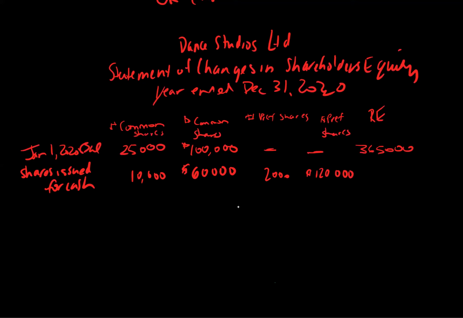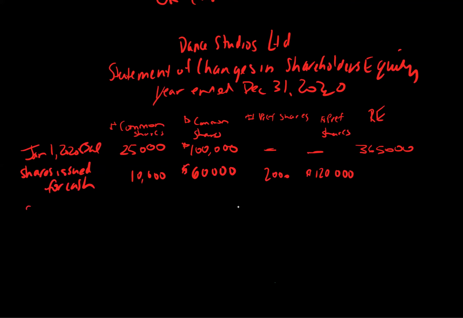Okay, so those are the shares we issued. And note, we can put the common shares and the preferred shares on the same line because they're distinguished by the columns. We don't keep a separate line for each journal entry because this statement is meant to be condensed and it's combining the rows and the columns to make sure that the reader has all the information.